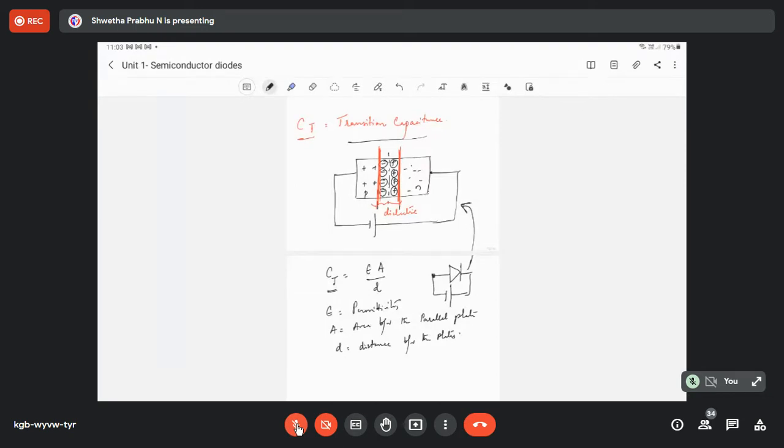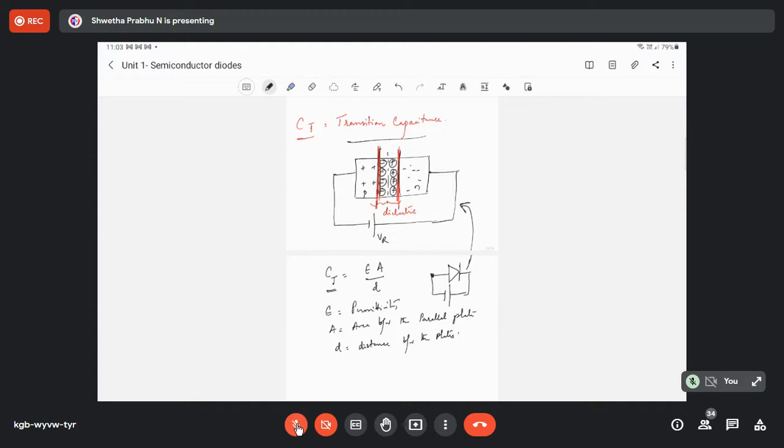So when you reverse bias the PN junction diode, as you increase the reverse bias voltage, the depletion region widens. Inside the depletion region you have basically immobile ions.